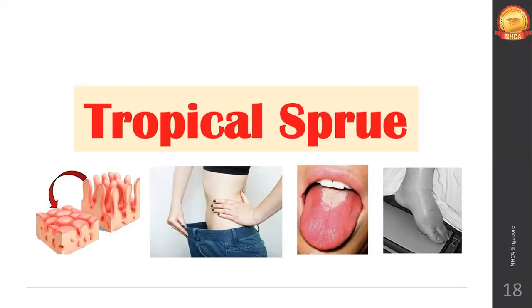Vitamin B12 may also be required here, 1000 microgram on a monthly basis. So tropical sprue is commonly seen in tropical countries like India as well. It happens in the same way how celiac disease happens, with flattening of the intestinal villi, and that leads to all these signs and symptoms.